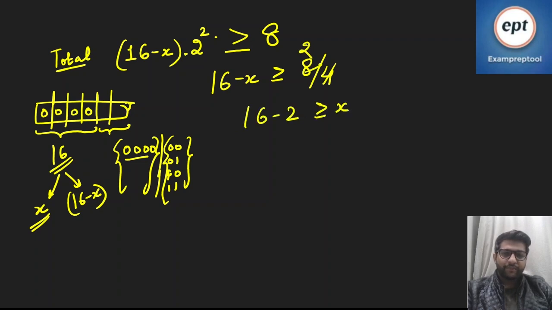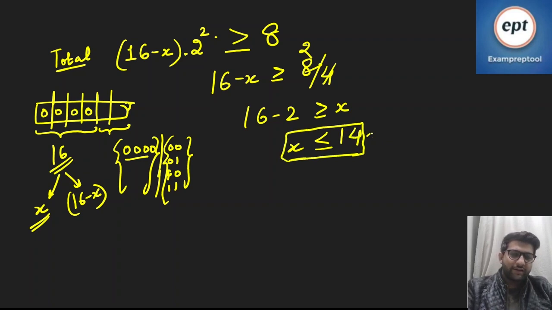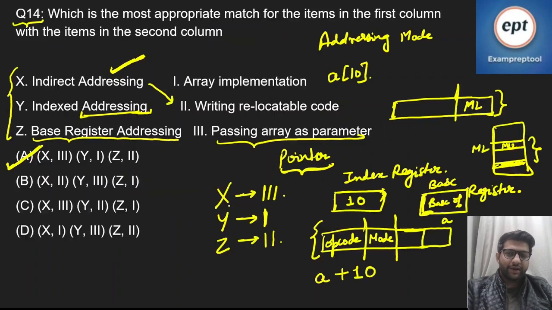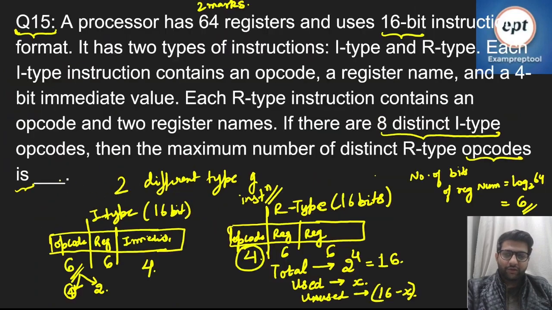So x should be less than or equal to 14. So this is the maximum number of R type instructions, so the answer for this question will be 14.